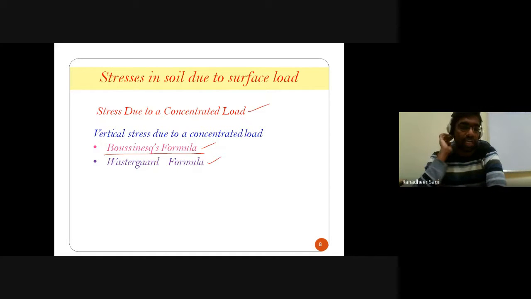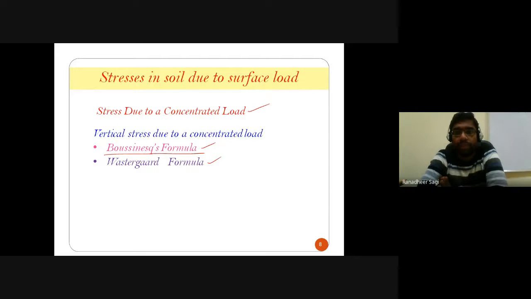Oh, sorry, I should not be calling it a line load. Rather, the example of a compound wall is called your strip load, because the width over which the load is acting is limited, but the length to which it is extended is relatively large. Such kind of loading is called your strip load, and the footing which is responsible for holding your compound wall in a stable condition is called your strip footing.